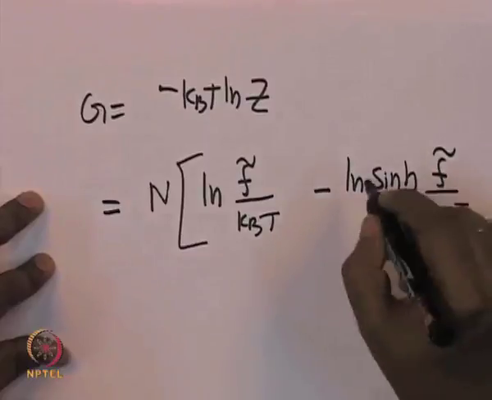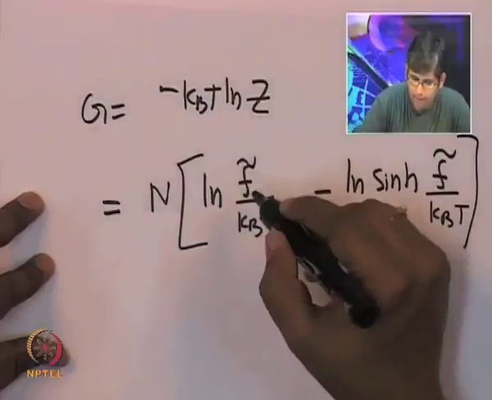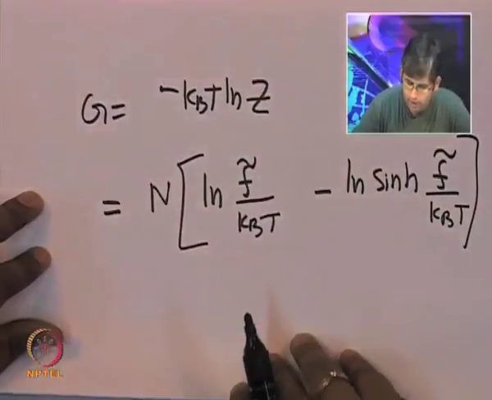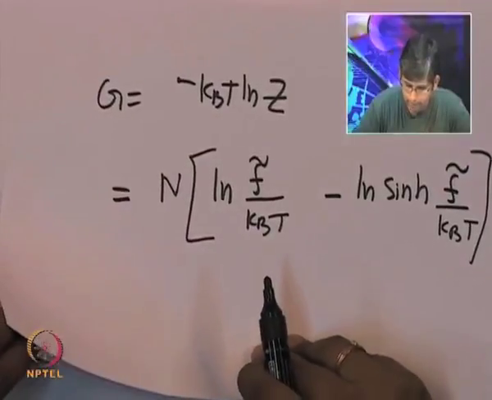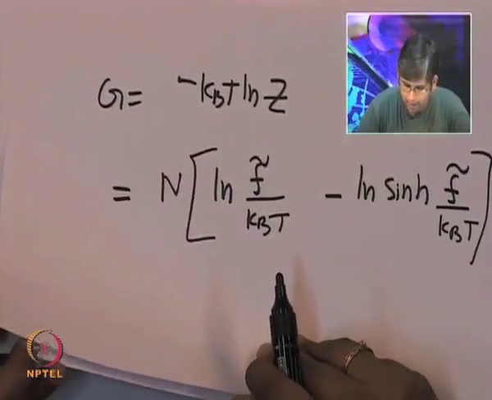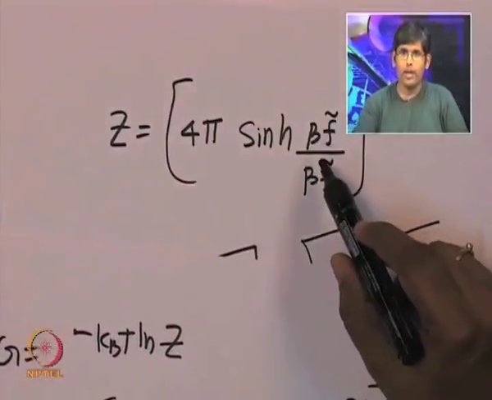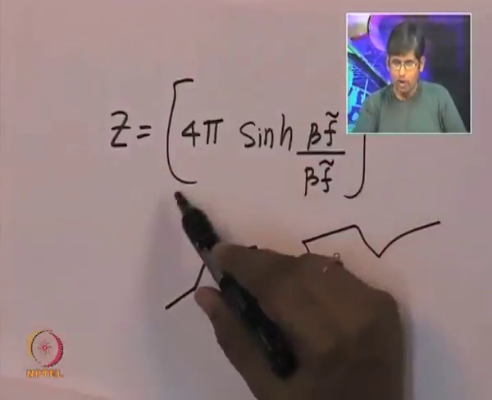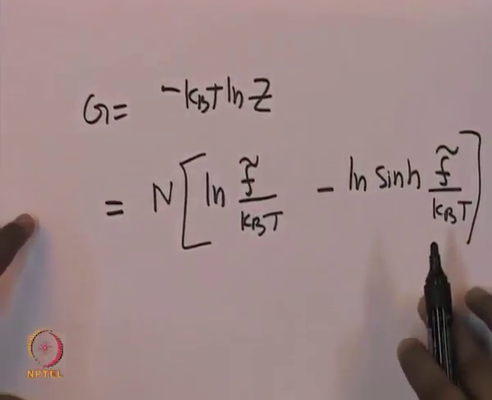So, it will depend on the temperature. This is just taking the log of that partition function that we wrote. If you take beta as 1 over kBT and then take the log of this Z and take a minus sign, you will get this particular answer.